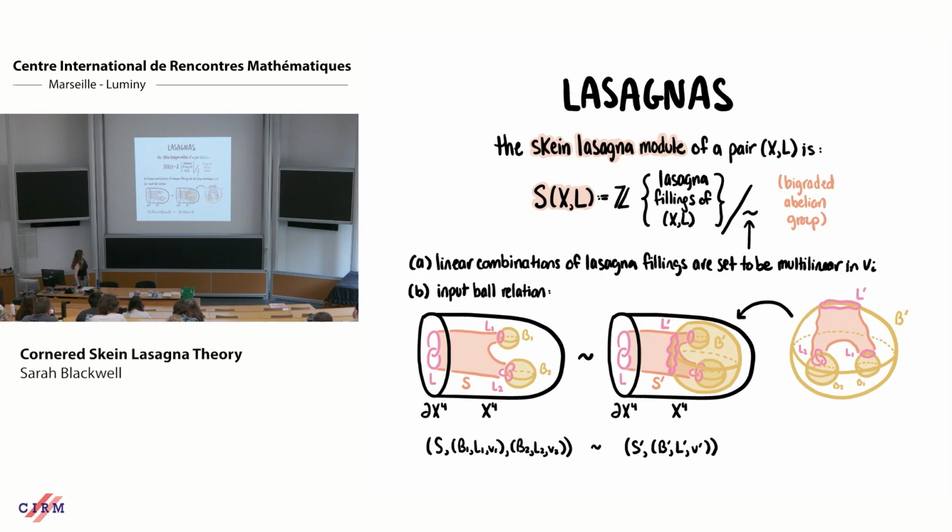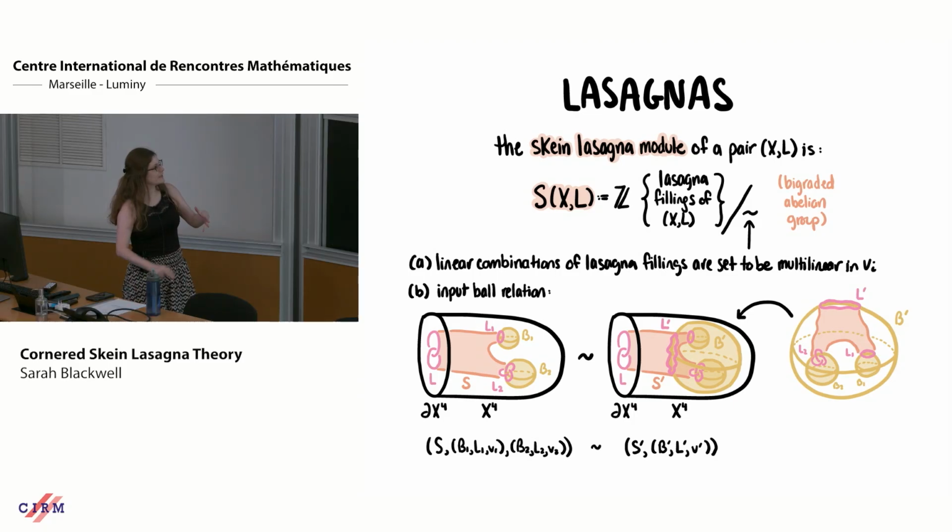That's where all of this comes from. So we're modding out: anytime you can, you can always encircle these balls with this bigger ball. And that's it. But it turns out that this implies you also mod out by isotoping the surface. It turns out to come from here.